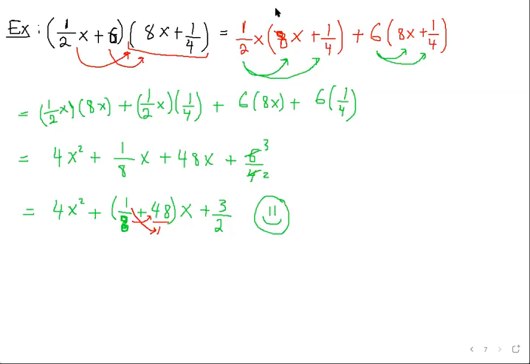So I can make it easier and keep it for you: equal 4x squared plus 8 times 48 plus 1 over 8 x plus 32. Any questions so far about multiplication? How we multiply polynomials?